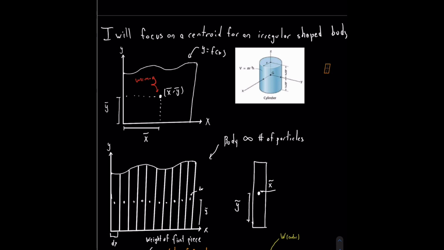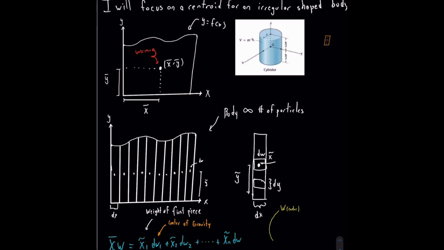And these here are x tilde's and y tilde's. And these are to know that you're looking at an infinitesimally small weight dw. Here you could say this is an infinitesimally small dx, and you could take an infinitesimally small dy.